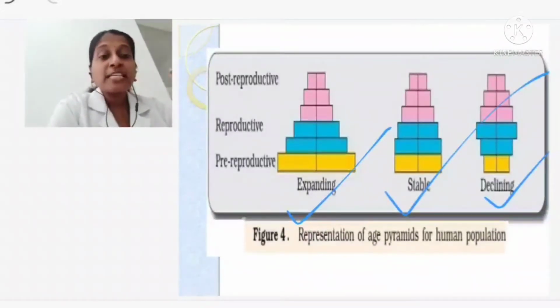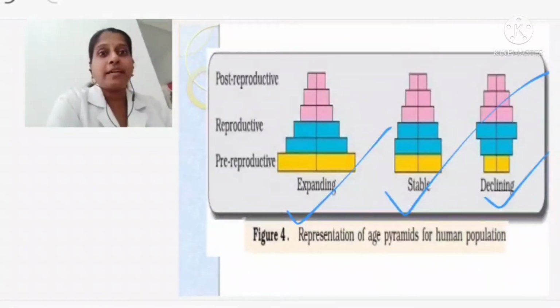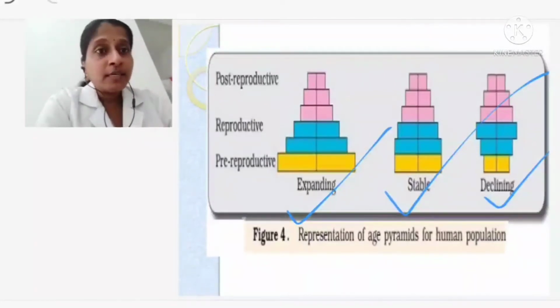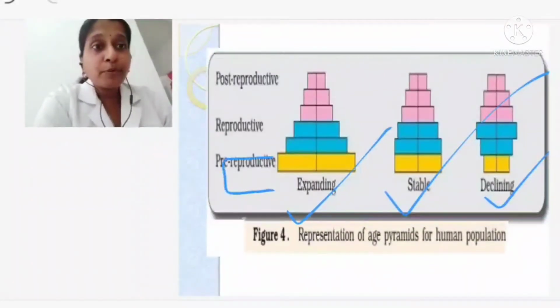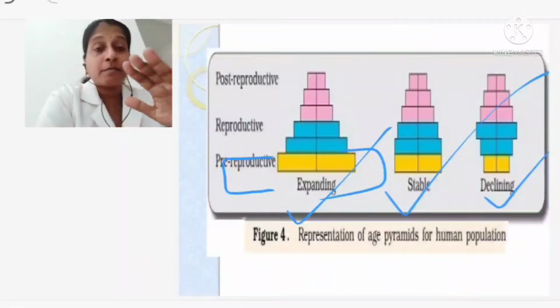Okay, so the expanding pyramid, how it is expanding, which means the population is growing, like in the case of India. So developing countries, underdeveloped countries, mostly it is expanding. Why? The population is going on increasing. When does this happen? When the new individuals, the pre-reproductive groups, are much in number.